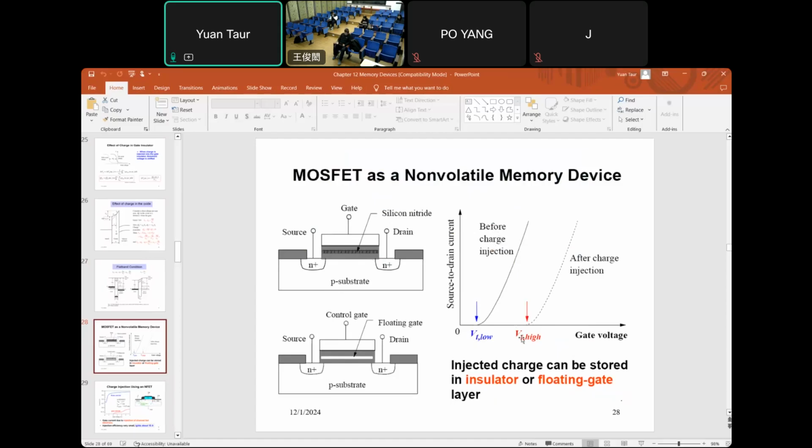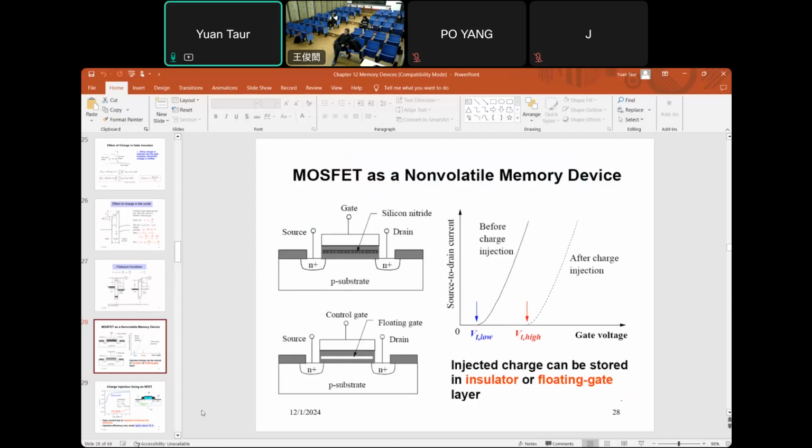So we can distinguish between 0 and 1. Let's say no charge is 0, with charge is 1, by biasing the gate voltage in between. If there's a current through, that means VT is lower, so there's no charge. If there's no current, that means VT is higher, and that means there is a charge.